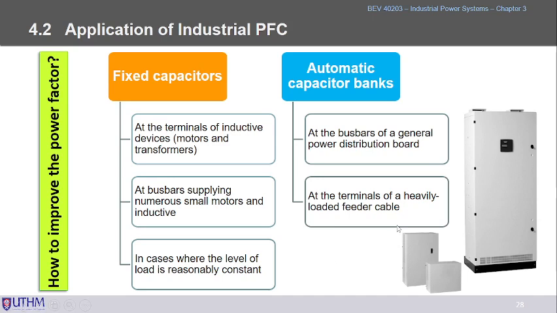Normally it has 6 switching or 12 switching, depending on the application. It's normally for heavier loads that we use the automatic capacitor bank. For example, we can place it at the feeder, at the main switchgear. Then we can control the entire flow of the reactive power.